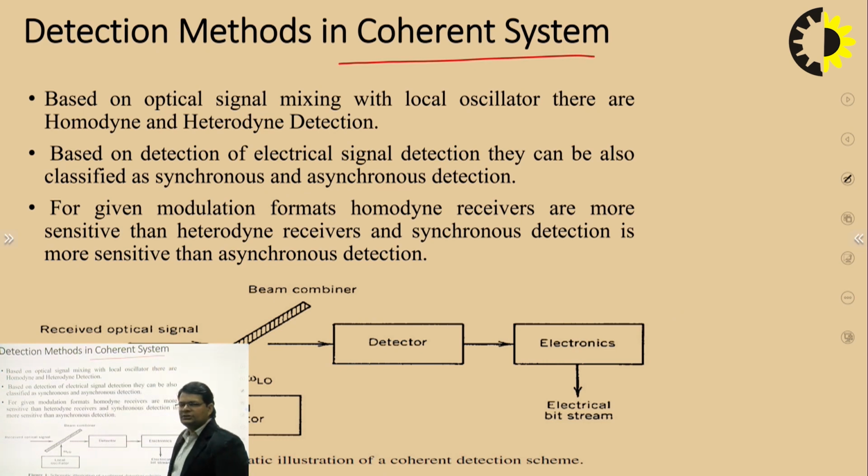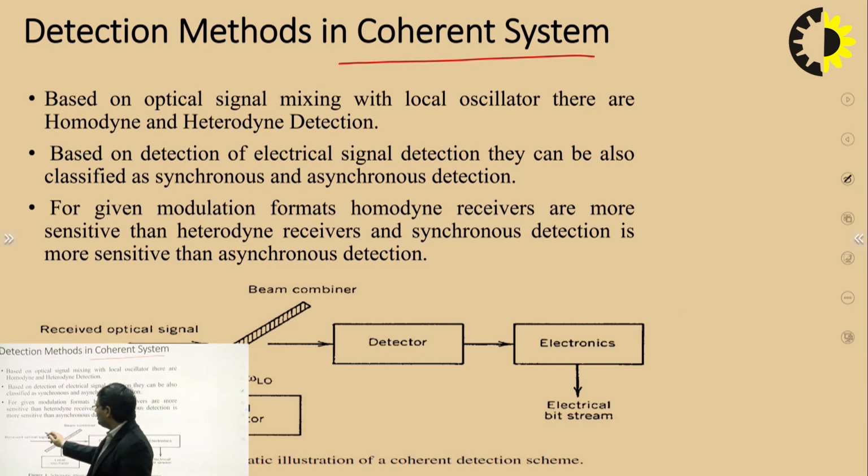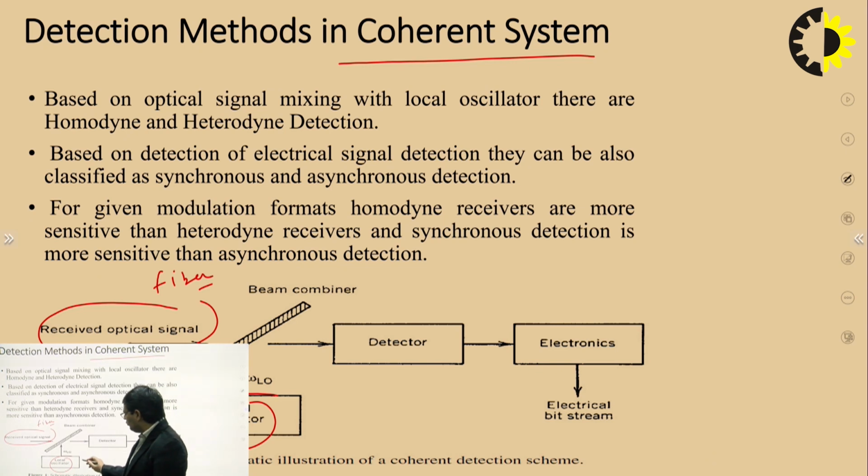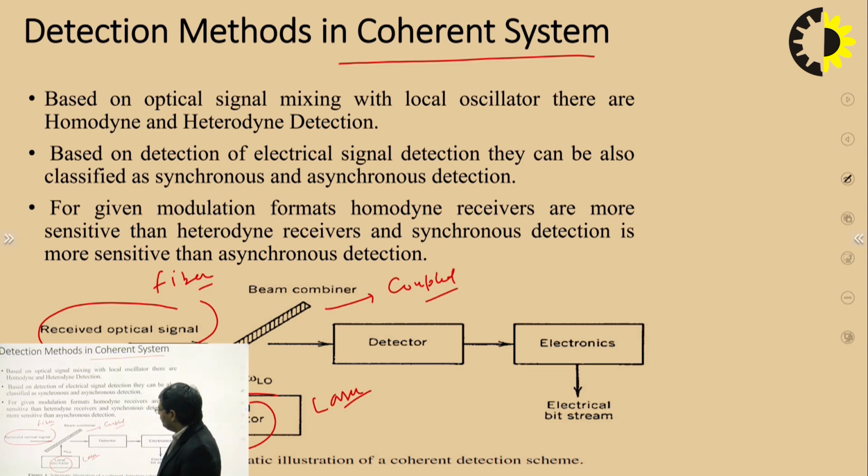As we have previously discussed, we have a received optical signal that is coming through the fiber. Then we have a local oscillator or light source, for example a laser. These two optical signals are coupled together with the help of a coupler, and then the combined signal is incident over the photodiode or photodetector.